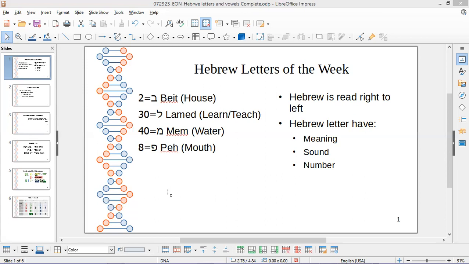Or verse 48 would have a Mem and a Pei next to each other, and this is the numerical value for 48. Making sense so far?